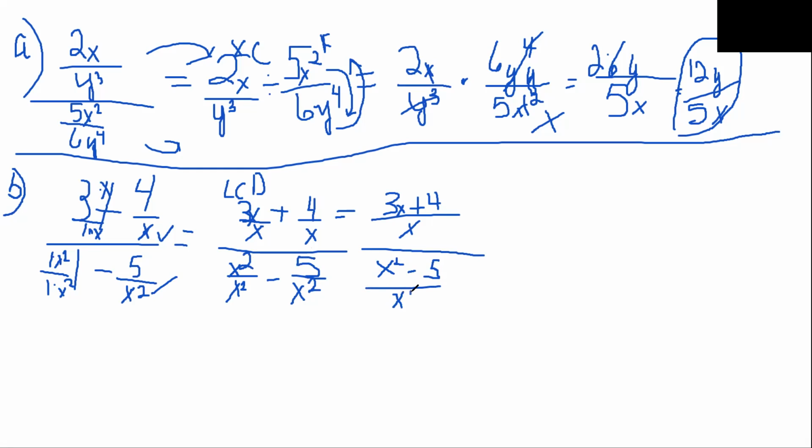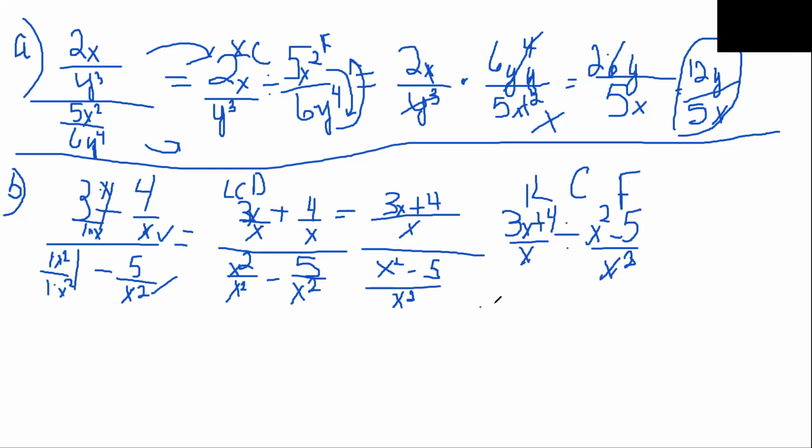Okay. So now I have my single fractions, and we can now show 3x plus 4 over x divided by x squared minus 5 over x squared. And we're at the division step where we will now apply keep, change, and flip.